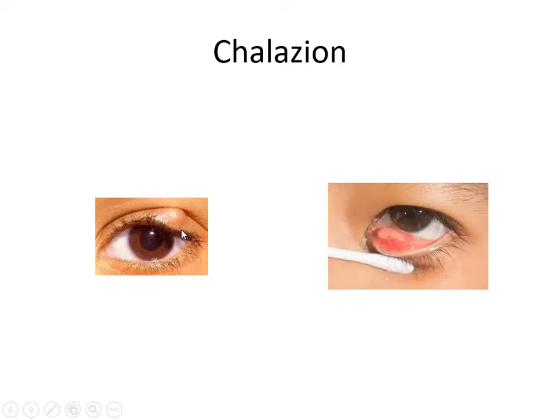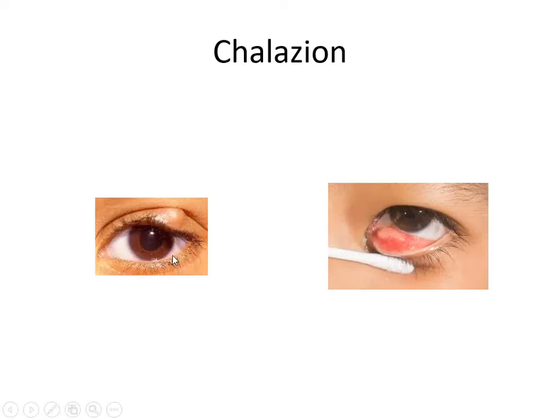So, stye is a pathology of the lash. It is inflammation or infection of the root of the lash. Stye is also known as hordeolum externum. Stye is a painful condition, an acute inflammation, and you will see pus pointing at the root of the lash. Whereas chalazion is a chronic pathology of the posterior lamella of the lid, or the meibomian gland.